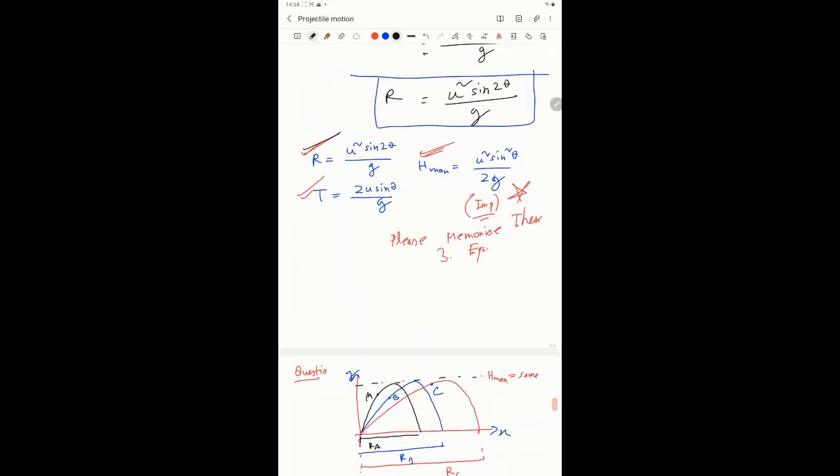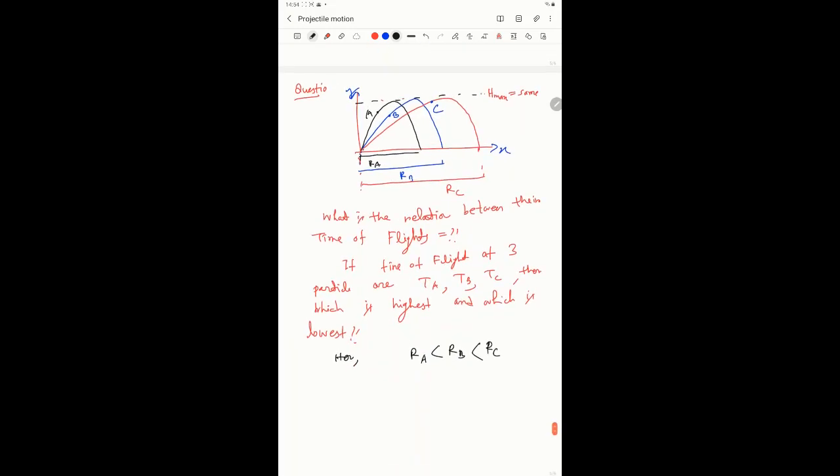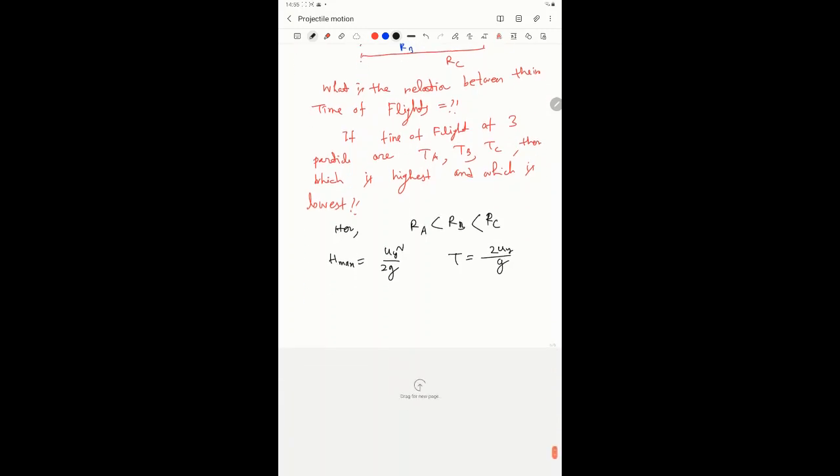One is the maximum height formula, H max is uy square by 2g, and the other is the time of flight formula, that is 2uy by g.